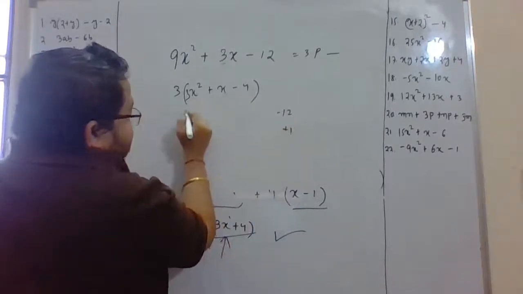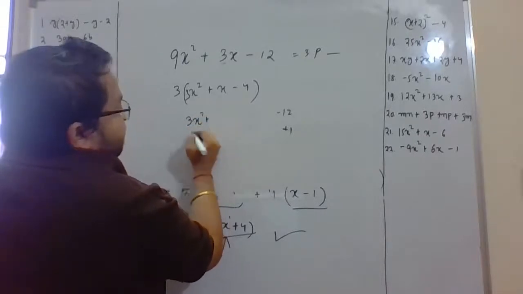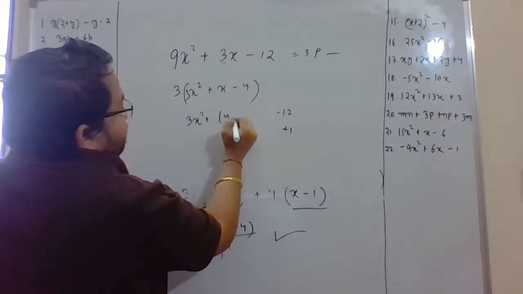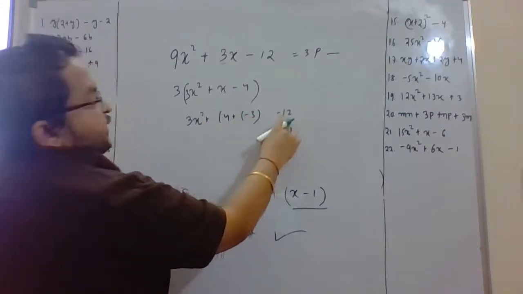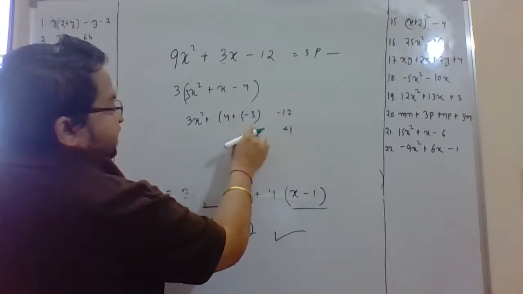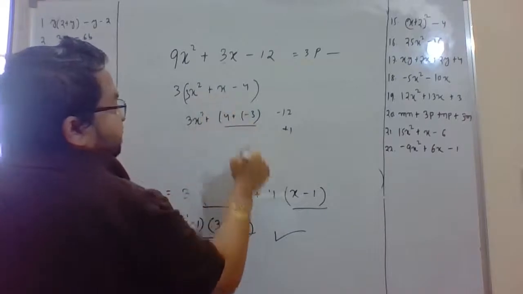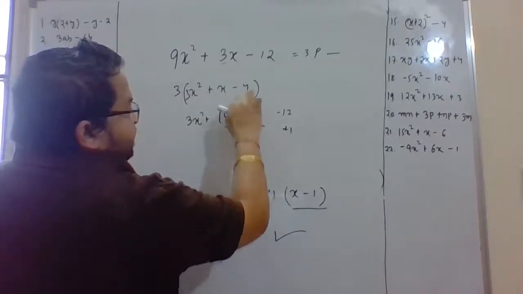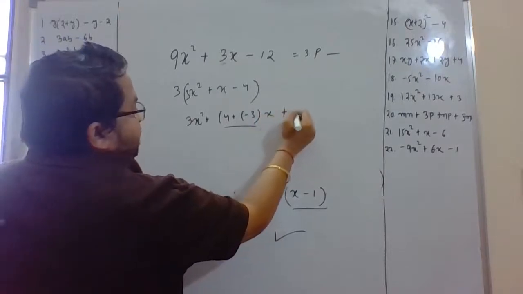So I can rewrite this, because one of the pairs of factors of 12 is 4 and minus 3. If I take 4 and minus 3, 4 plus minus 3 is plus 1, and 4 into minus 3 is minus 12.